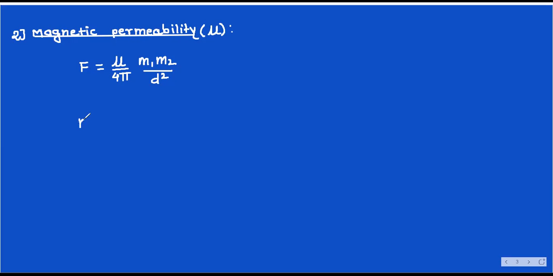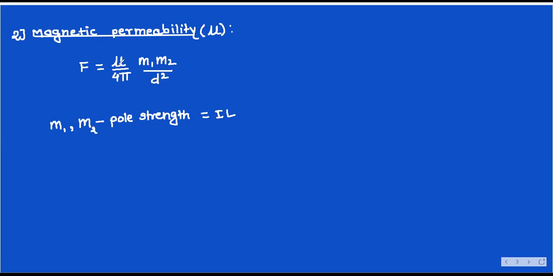So first, this M1 and M2, M is pole strength. Its dimensions are current into length, that is I into L. So if you want, you can write here M1, M2 pole strength having dimensions IL.